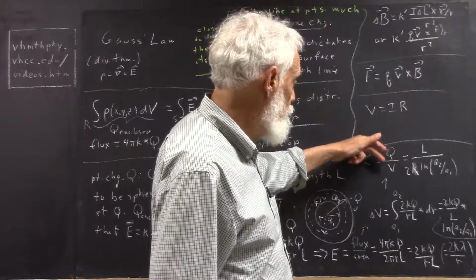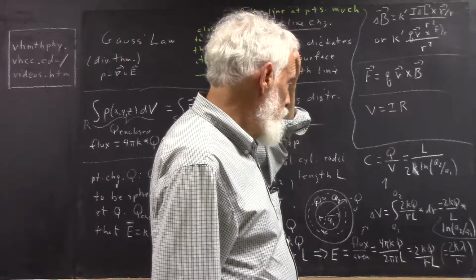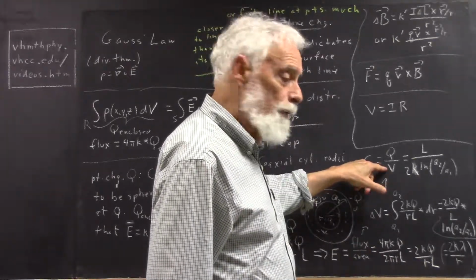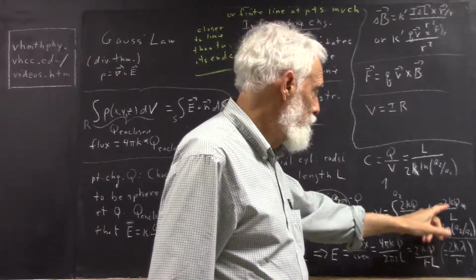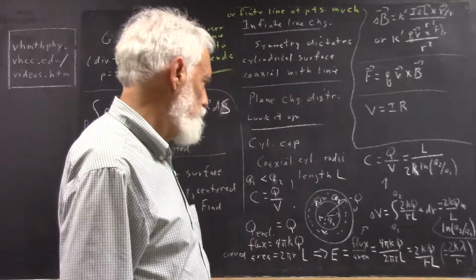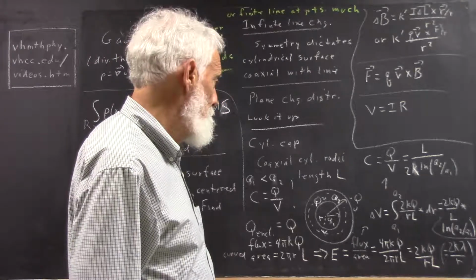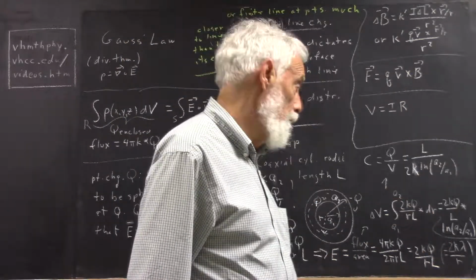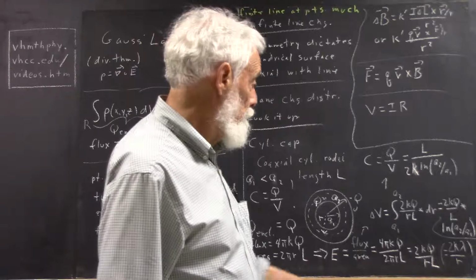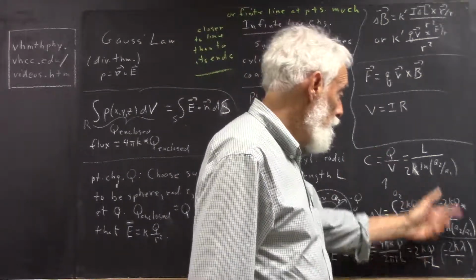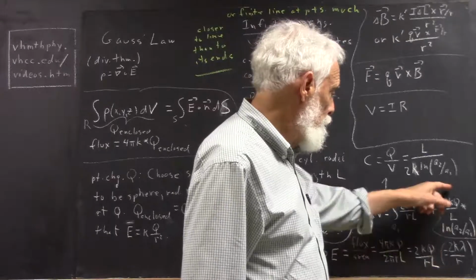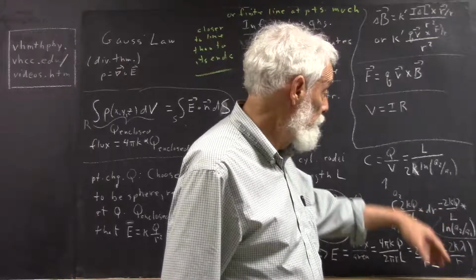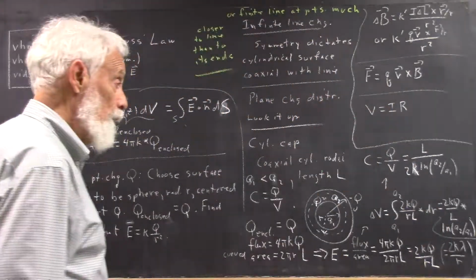Our capacitance is Q over V. And the voltage between the two is this. If we divide that out, we end up with L over 2k natural log of A2 over A1. In other words, we're just dividing Q by this. The Q's divide out. The 2k natural log of A2 over A1 stays in the denominator. The L being in the denominator, this expression flips up into the numerator, and there you have the capacitance.